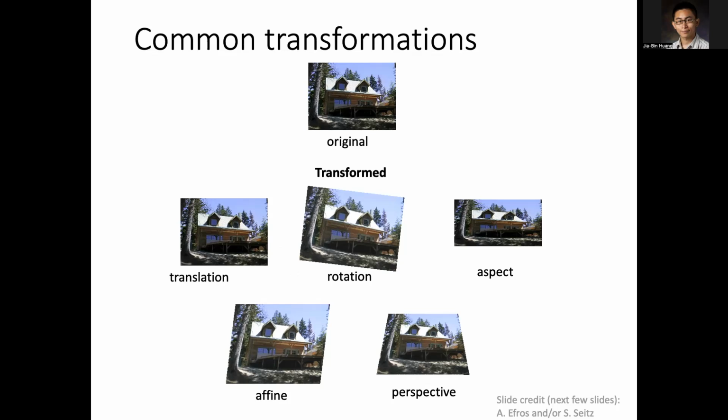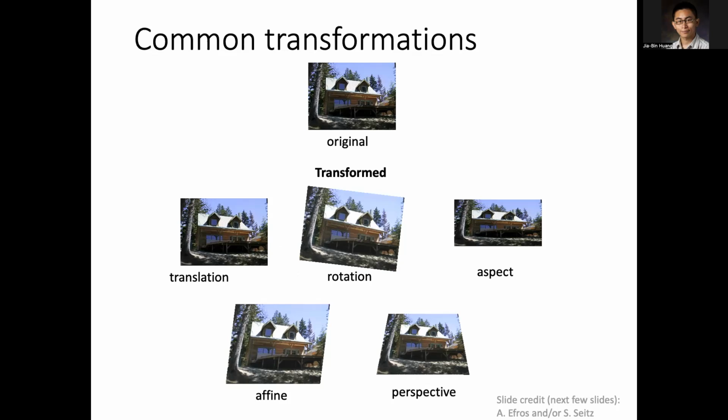All right. These are very intuitive, but we want to understand the math behind them. What kind of transformation model allows us to achieve these types of transformation? You can do this with just simple matrix-vector multiplication.